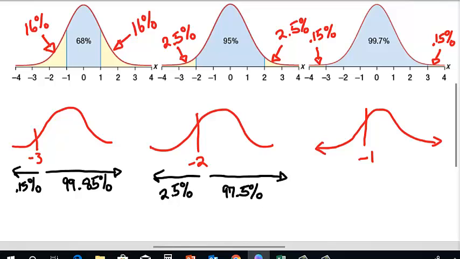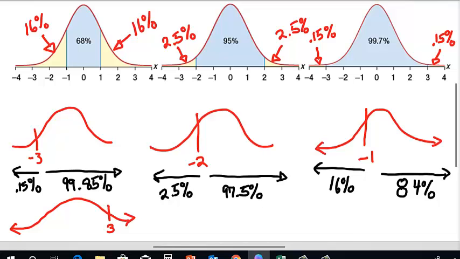So to the left here, we're going to have 16%. And then to the right here, we're going to have 68 plus 16, which is 84%. Now the easy one, 0 should be half and half, right? So if this was right in the middle, it'd be 50% and 50%. So let's move on to 3.